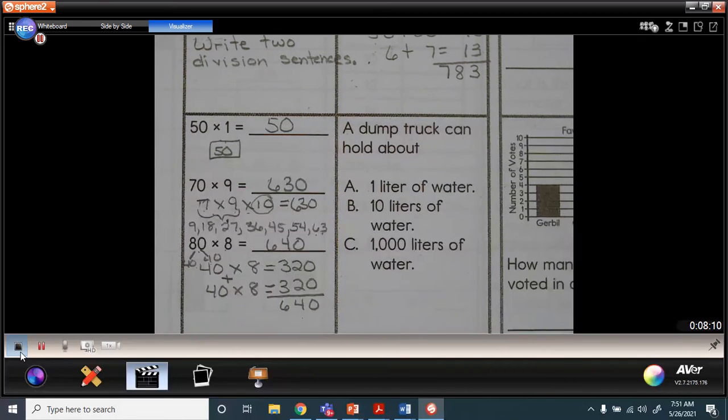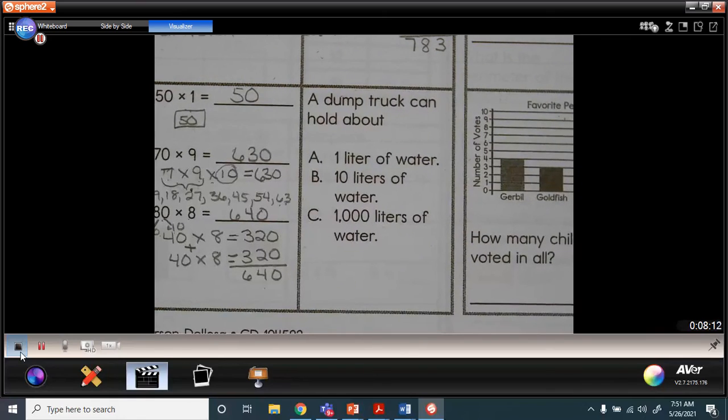Okay? Now let's take a look at this one. It says a dump truck can hold about, so think about a dump truck. It's pretty good size, right? So 1 liter of water. Now, remember, 1 liter of water is a large water bottle full of water.